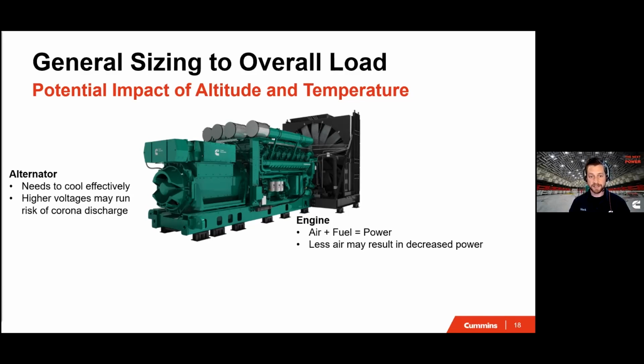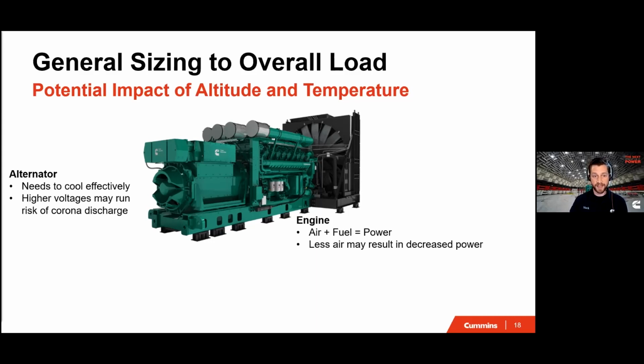Secondly, the next key ingredient is the alternator. Alternators may also be impacted by high altitudes or high temperatures, but for different reasons. Alternators need to cool their windings. You may not see it as it's hidden in this picture, obviously, but alternators have a fan that draws air from the inlet nose on the left side of this picture through the internal windings to cool the rotor and stator.